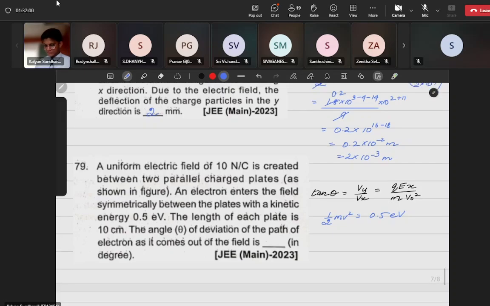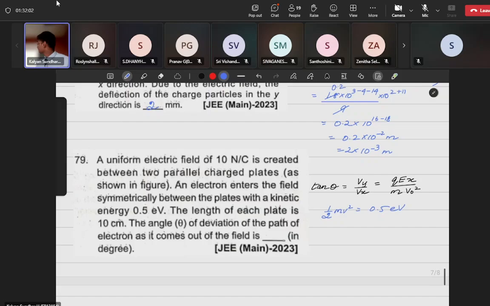m V naught square I can write as 1 electron volt, correct? Substitute it here. So tan theta will be equal to q into electric field 10, x is 10 into 10 to the power minus 2, divided by 1 electron volt.